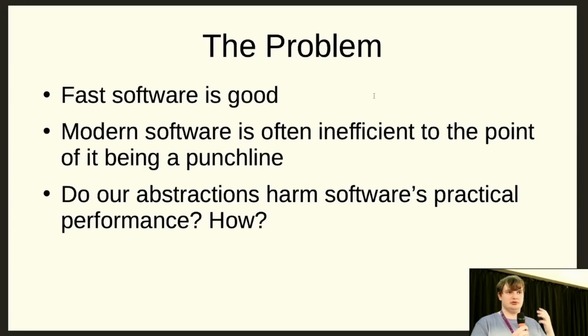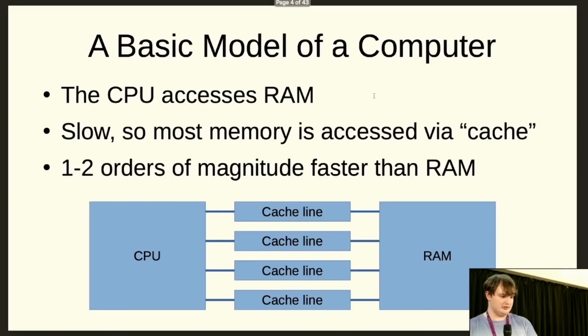One thing that we should look at, that we should potentially target, is our abstractions. Abstractions aren't a bad thing, but it's possible that abstractions do harm performance in some cases, and so we should analyze them. And that's kind of what data-oriented design looks at, is the ways we abstract memory.